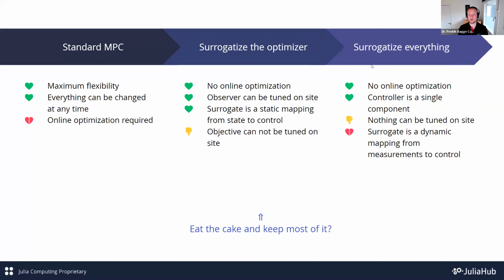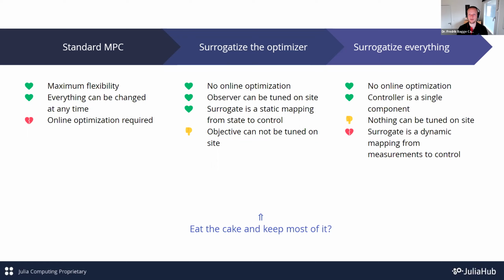If we go to the far extreme on the right, where we surrogatize everything, and when I say everything, I include also the observer. And we still have the major benefit of not requiring the optimizer then. And also the controller is now a single component. We don't have a split up observer and controller. But it also means that absolutely nothing can be tuned on site unless we pull some fancy tricks when we do the surrogatization.